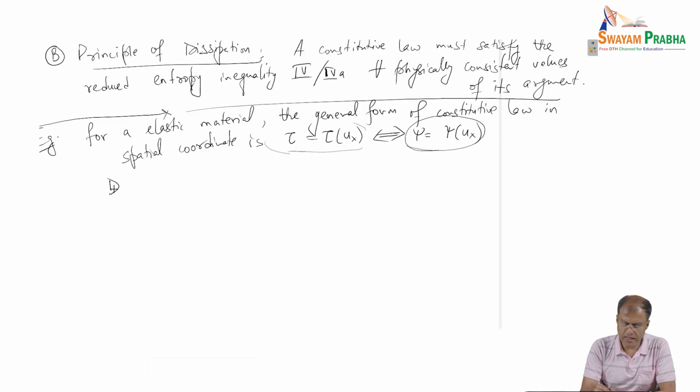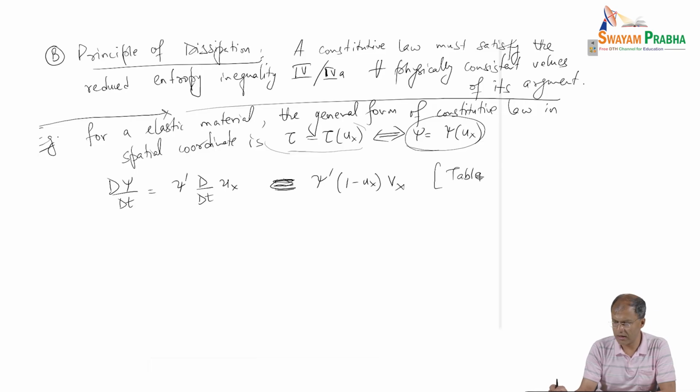So we have that d psi dt is equal to psi prime d dt of ux, which is also equal to psi prime times (1 minus ux) vx. This is again using our tables of material and spatial derivative conversion.